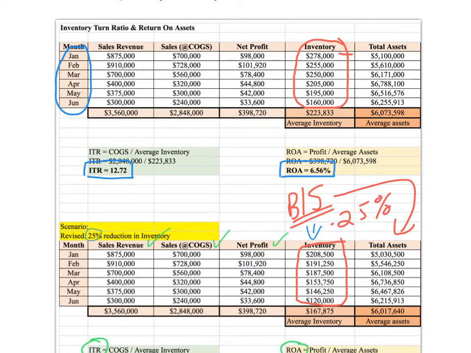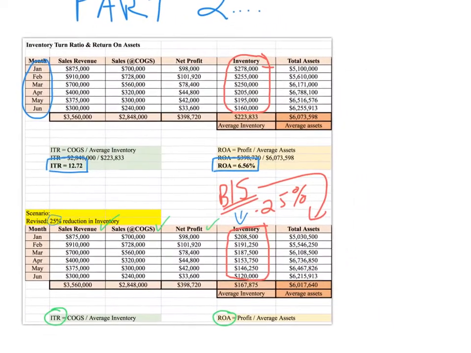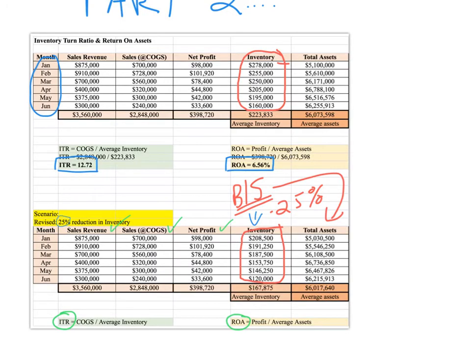If we're able to take our inventory down, then we're going to take our total assets down at the same time. It's pretty easy to do this. All we do is take the change in inventory and reduce our total assets by that change.